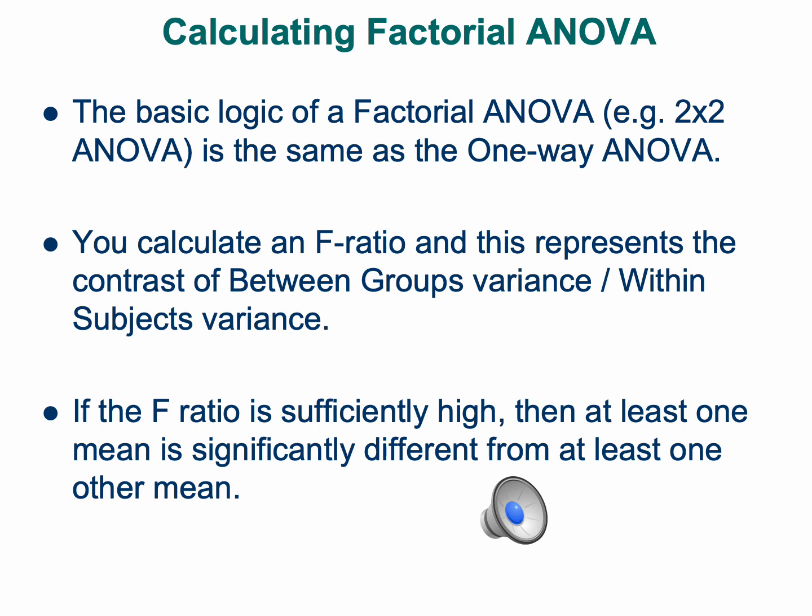Now, the basic logic is the same. You're always going to be contrasting the within subjects variability to the between subjects variability. There's always going to be that contrast. The degree to which the between is greater than the within will be a measure of whether or not the probability of the result is going to be chance or not.